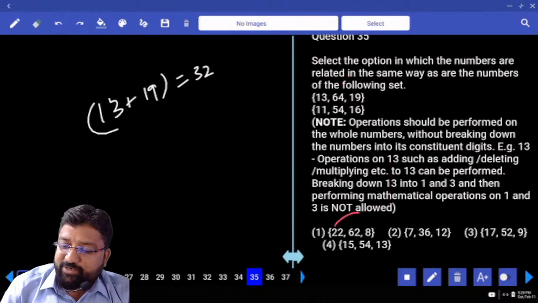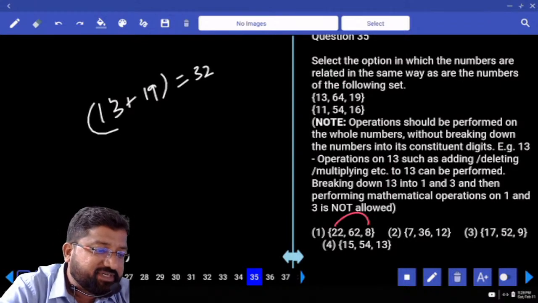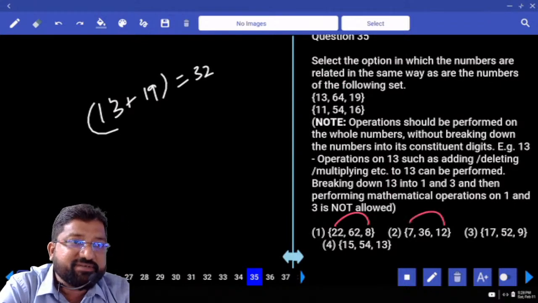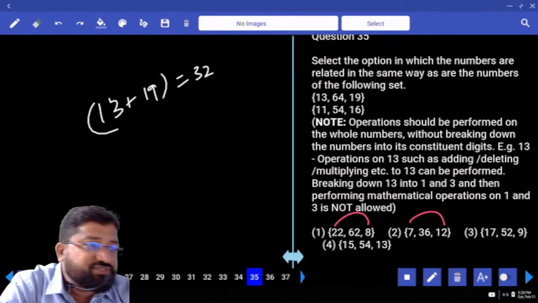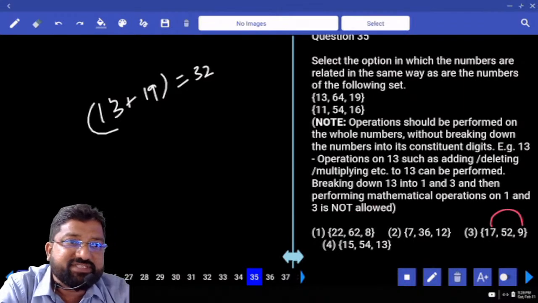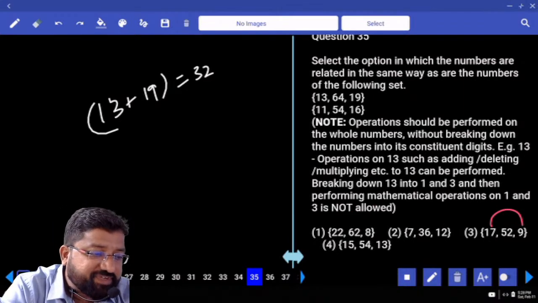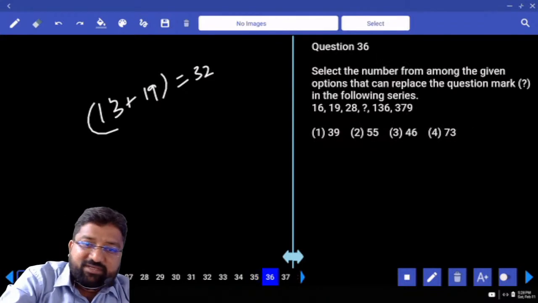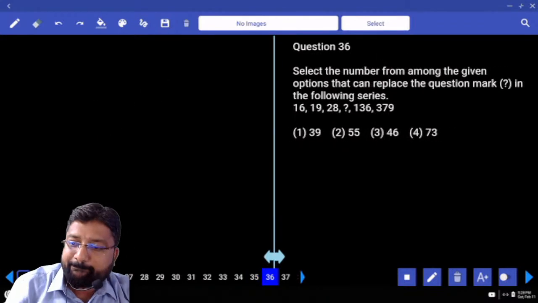Similarly, 22 plus 8, 30, 2 times 30 is 60. 7 plus 12, 19, 19 twos, 38. 17 plus 9, 26, 26 twos, 52. Pakka, right. 36. Shall I go with the differences?